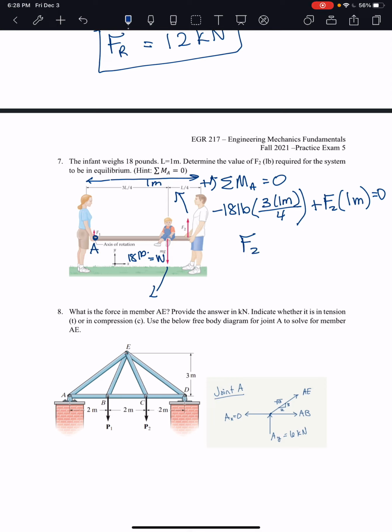So F2 is going to equal 18 times 3 over 4 pounds. Oh, I made a mistake with this one. The 1 meter, it shouldn't have been 1 meter. It should have been in feet.